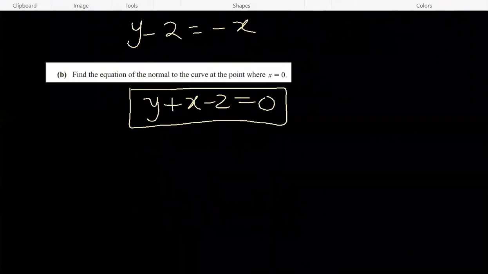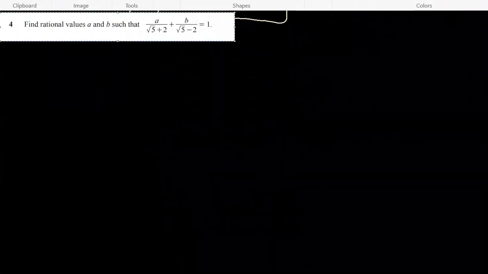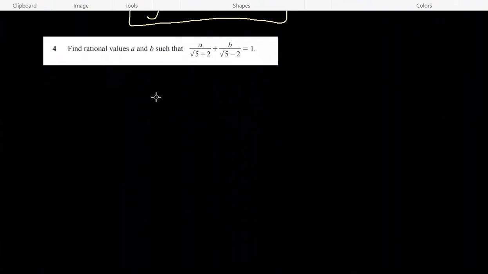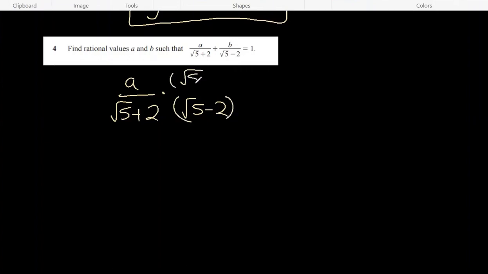All right, let's move on to the next challenge, which is question number 4. Find the rational values a and b such that this is equal to 1. Whenever we have such a situation, we should rationalize the denominator first. So a over square root 5 plus 2, we can rationalize the denominator by multiplying by the conjugate of the denominator, which is square root 5 minus 2, up and down, both.